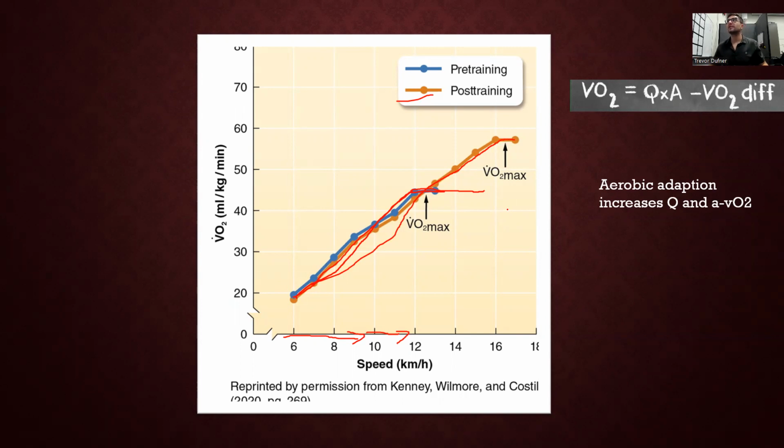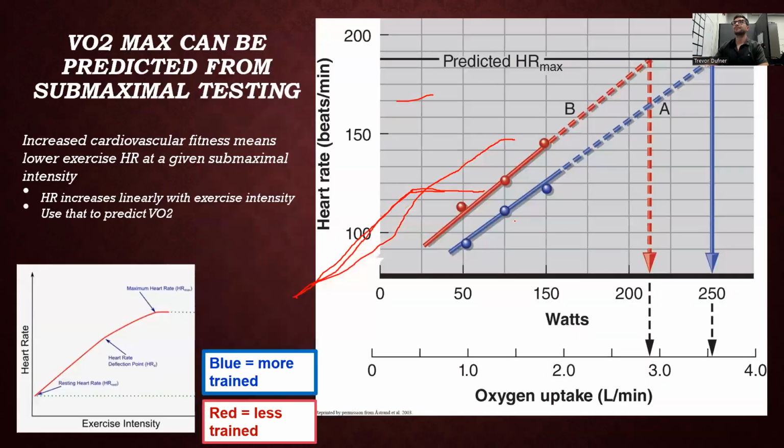So all those factors play into VO2 max: the diffusion of oxygen from the lungs, and the working tissue utilizing that oxygen. They all play large factors, specifically the movement, the red blood cells moving that oxygen to the tissue.